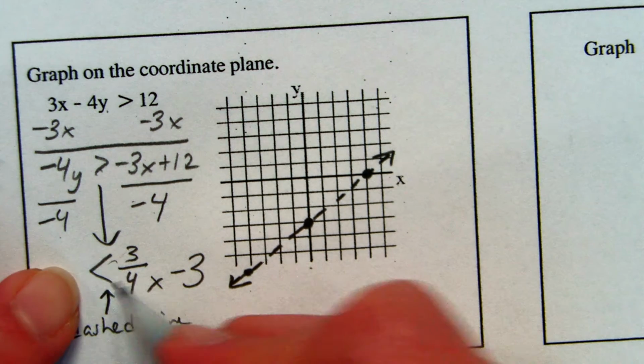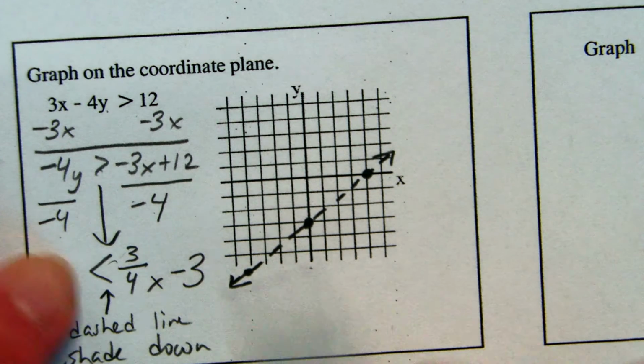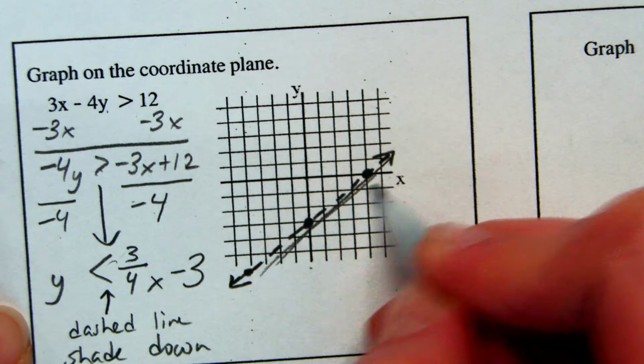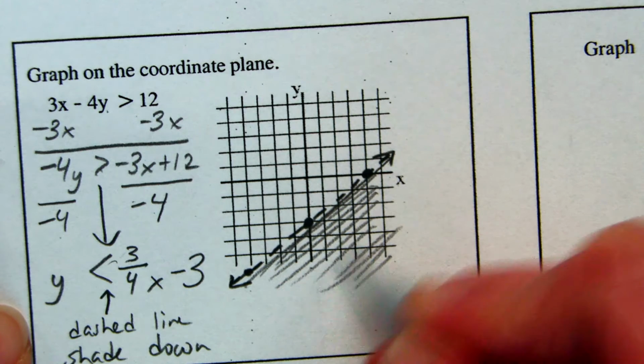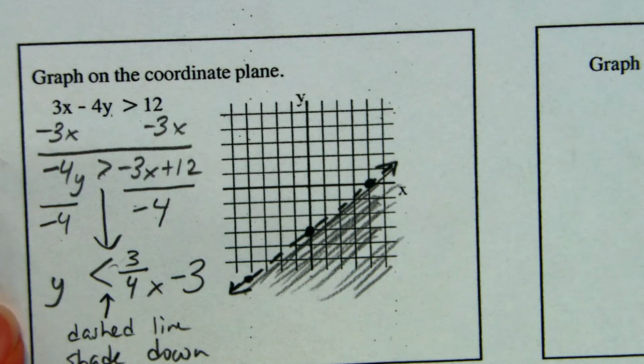And then since it's less than, we're going to shade down. And so we're going to shade this side. Okay, so that's the main idea of what we're doing if they're in slope-intercept form.